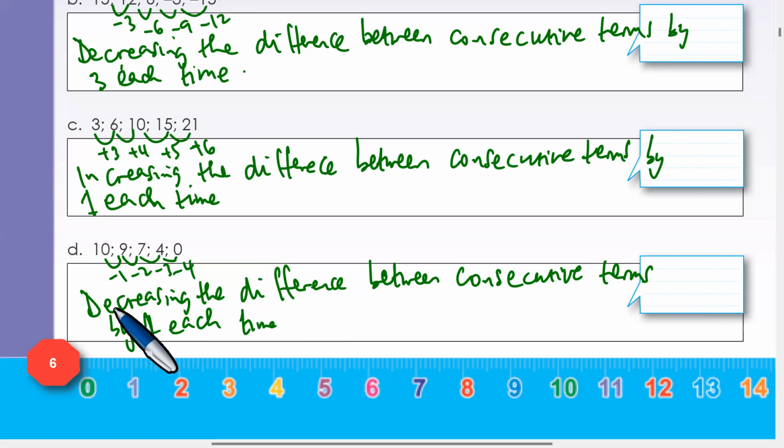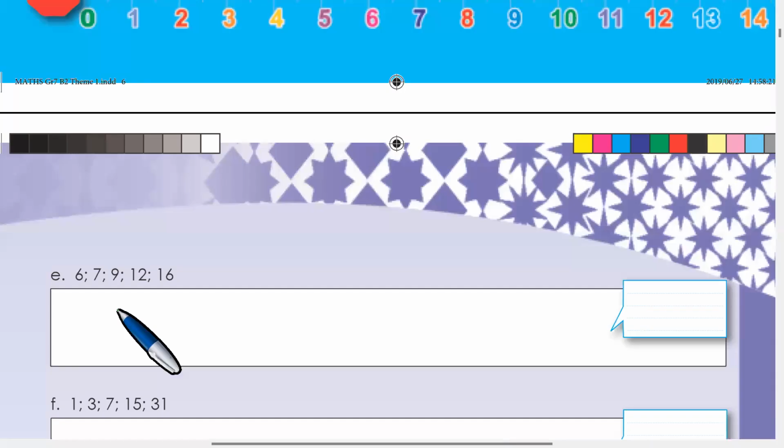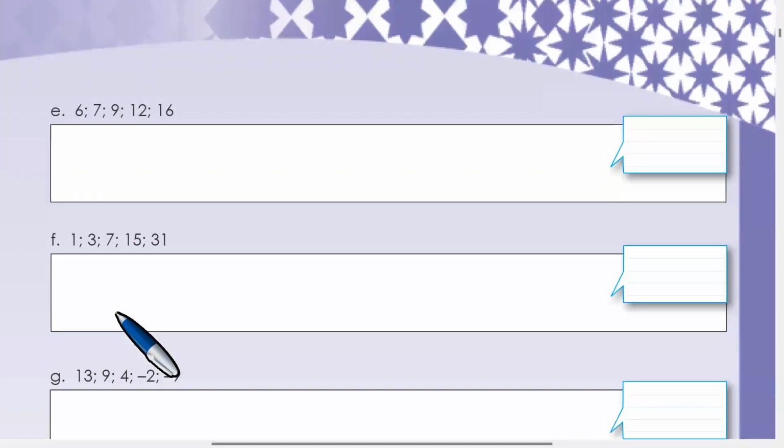Next, what do you think the next one is? What is happening here in E? What do you think? So a constant, let's come again. A constant ratio.